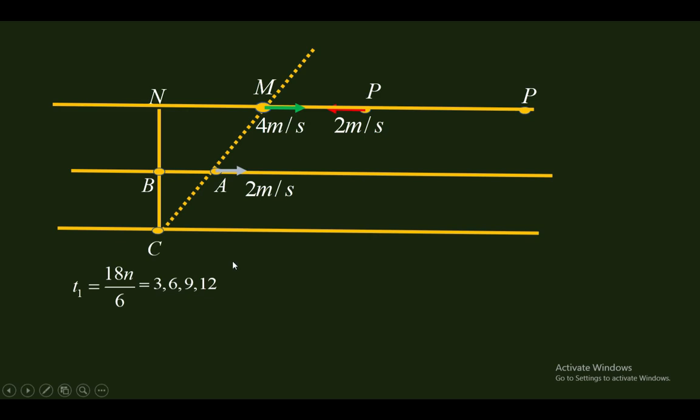So every time a pole crosses N is given by 18n divided by 2, because N is fixed and P is moving with 2.